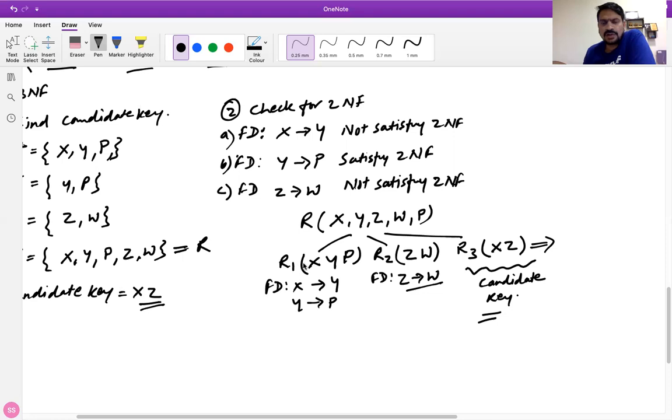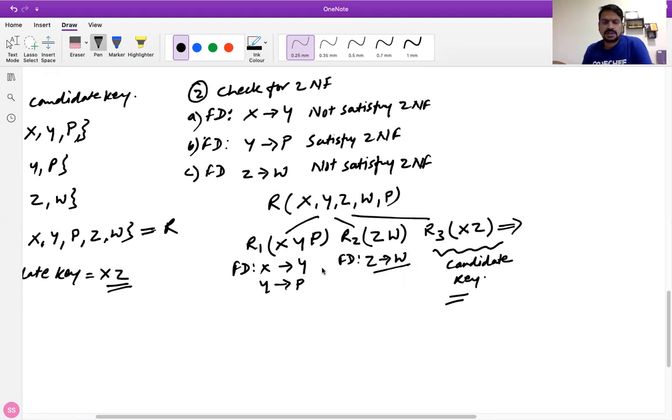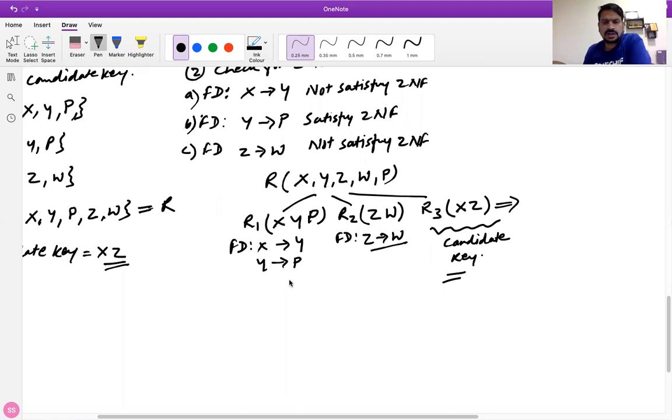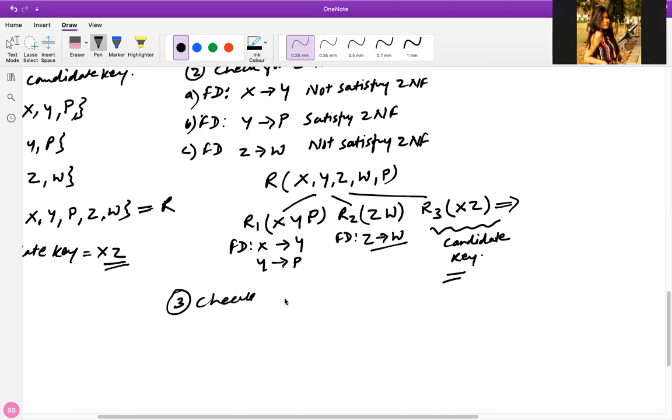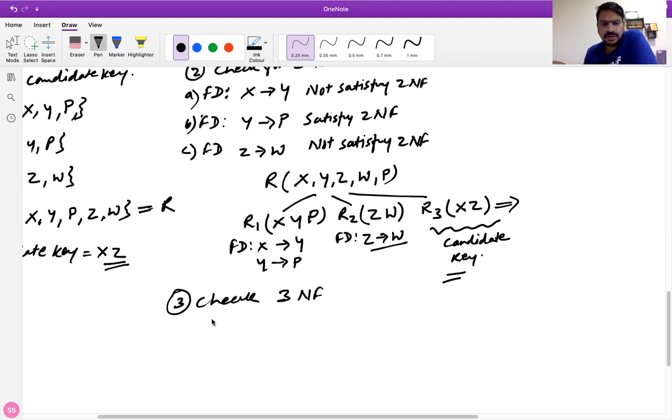Now, what about R1? The third step is to check third normal form, in which we find that the R2 relation and R3 relation satisfy the third normal form.